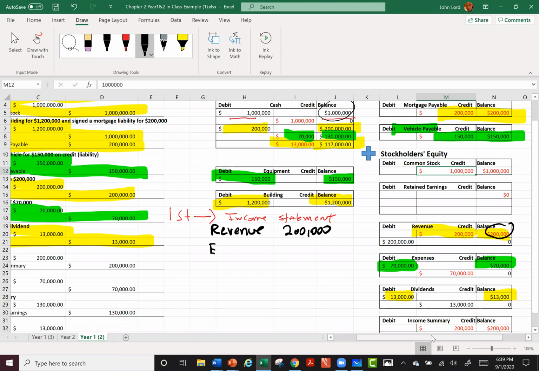Expenses, do I have any? Yeah. How much? The building and the car. No, it says expenses. I'm looking for accounts called expenses. Expense is what? Expired. 70,000. Future economic benefit has expired, hasn't it?